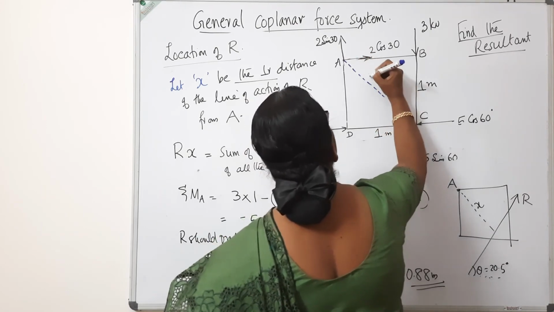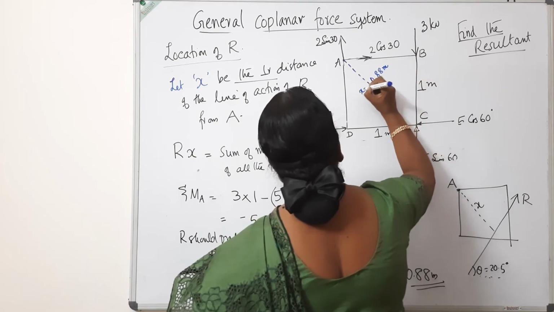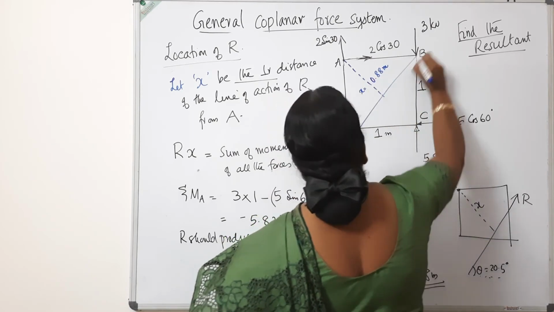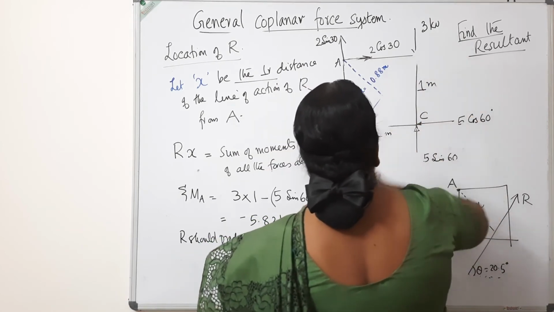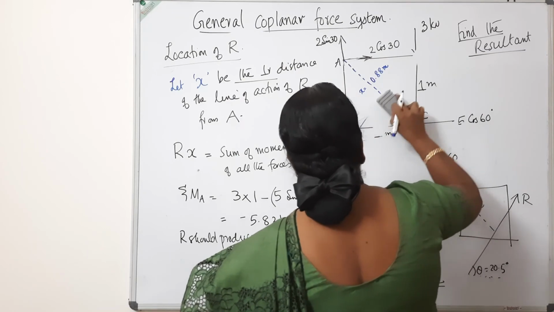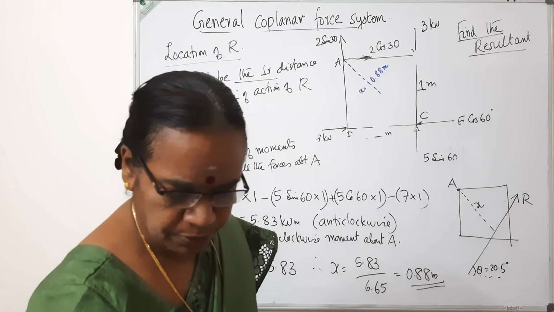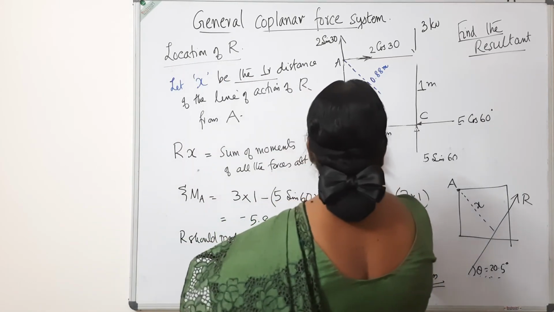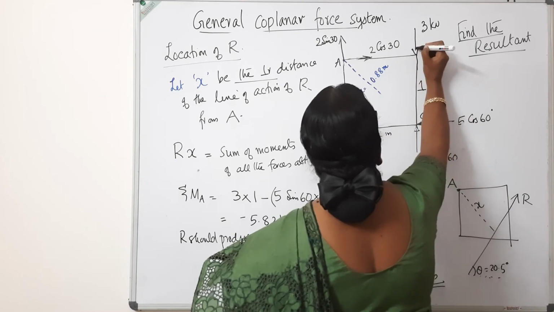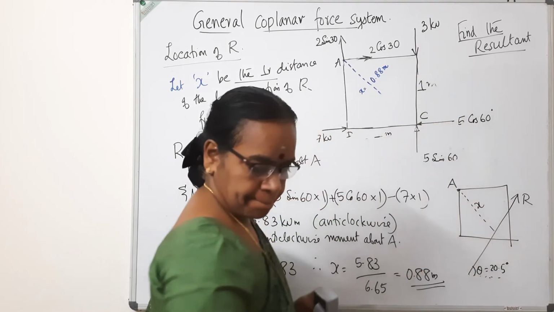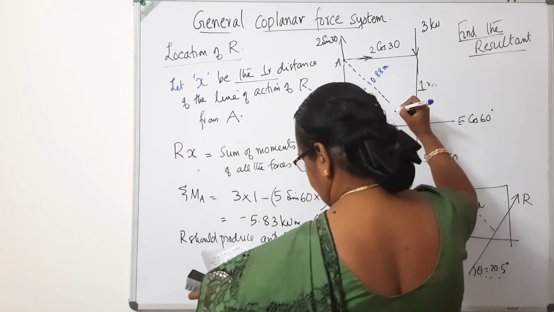The perpendicular distance is 0.88 meter. And the direction of R will not be through A. 0.88 is within the 1 meter square. So the diagonal will be nearly root 2, root 2 is 1.44. So this is the given figure. From here, a perpendicular distance of 0.88 meter.